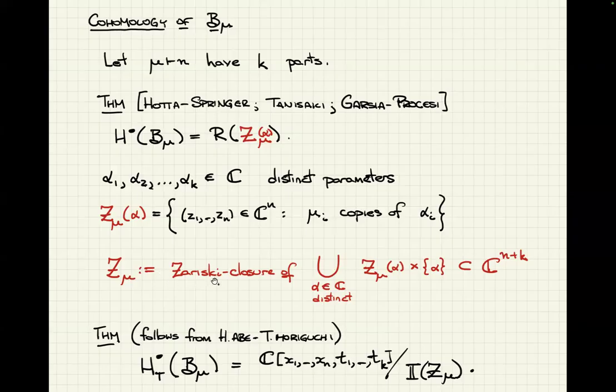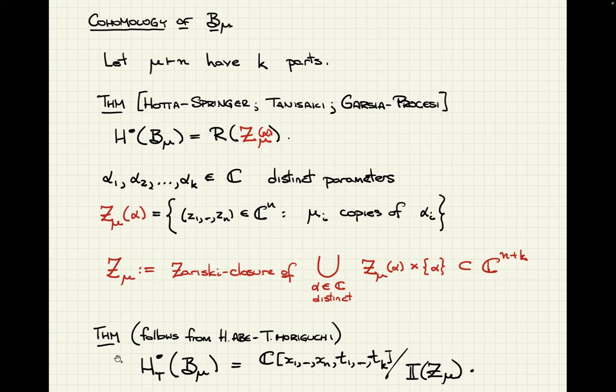So Z mu is going to be living inside C to the n plus k, and it's the Zariski closure of this union. So I'm going to do a union over alpha in C to the k. Sorry about that, there should be a k, where the coordinates of the alpha have to be distinct, and I'll have Z mu of alpha cross alpha, right? So I have this new variety Z mu, and it's a theorem.